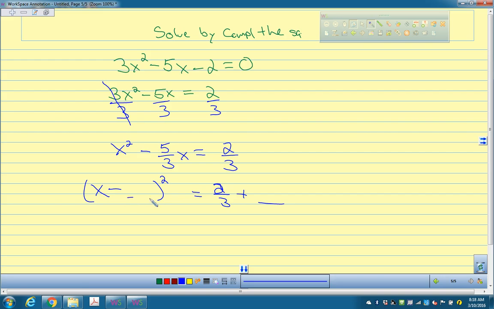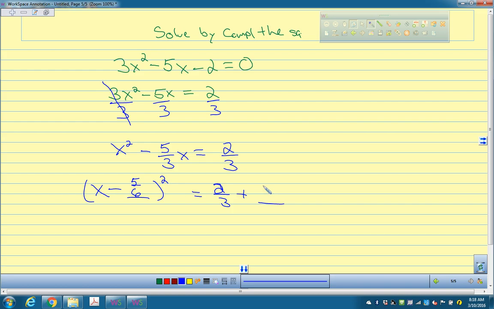Okay? What goes here? What's half of 5/3? Adam? Isn't it 5/6? It's 5/6. All you do is you multiply by 1/2, okay? So this is 5/6, yes?